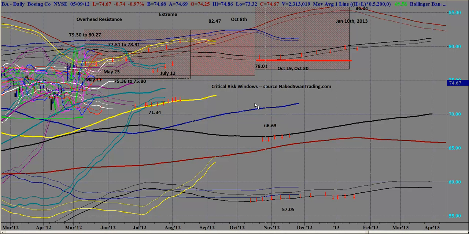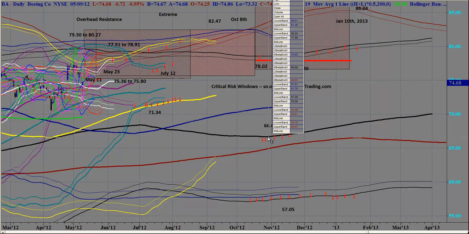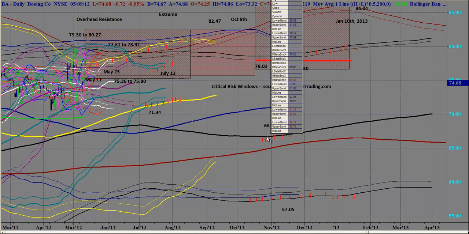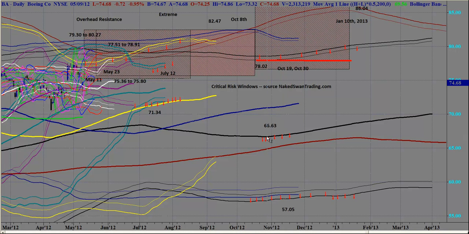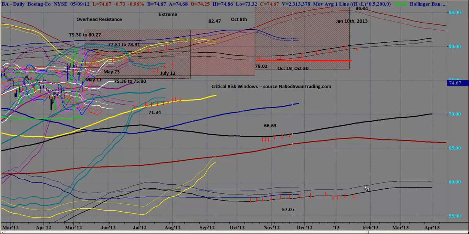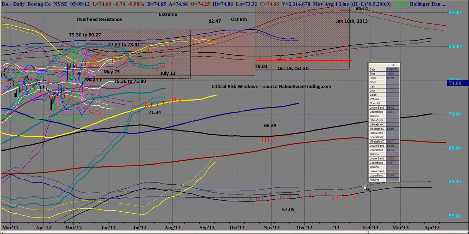And then the real trouble is that we're getting into a few more risk windows over here, which basically means that if price was to get underneath 66.63, around the end of October period, and stay down there for at least one day, you could get a very sharp gap down, going into early next year, or basically into the 59.40 area.